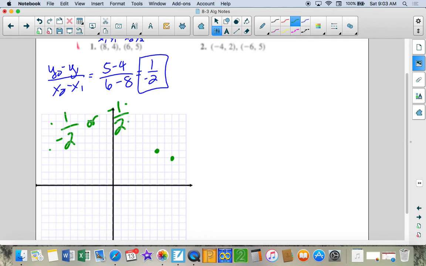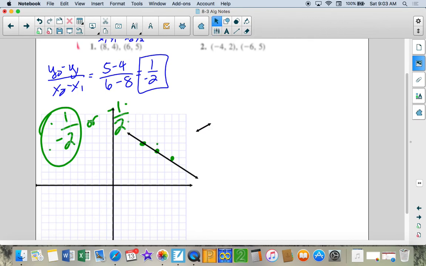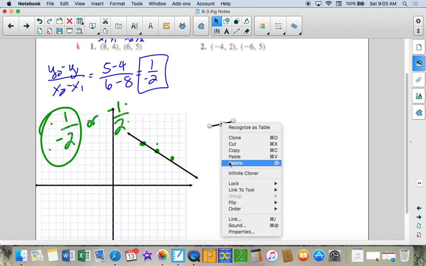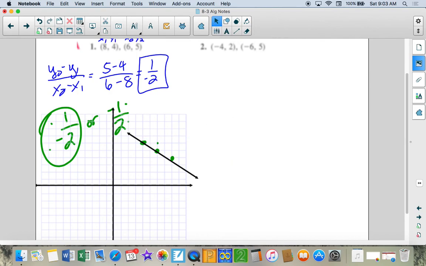So if I use my slope, I can use this as my slope, which is up 1, left 2. That would give me a point on the line. There you go. Let's delete that, sorry. Or I can use this slope, which is down 1, right 2. And that would get me on the point. So slope can go in either direction when we talk about negatives.